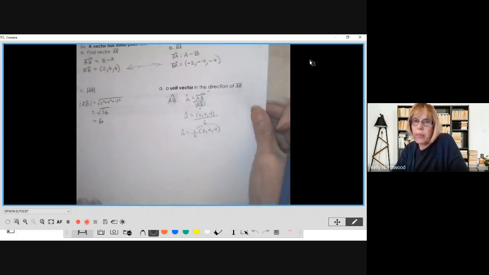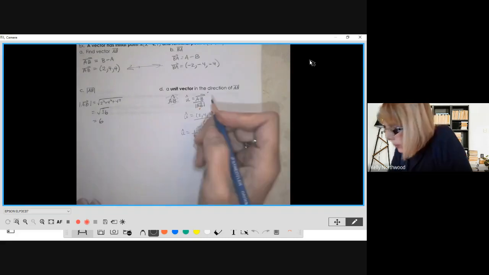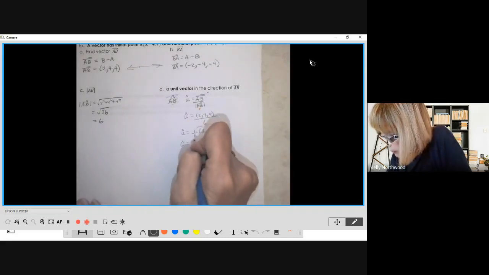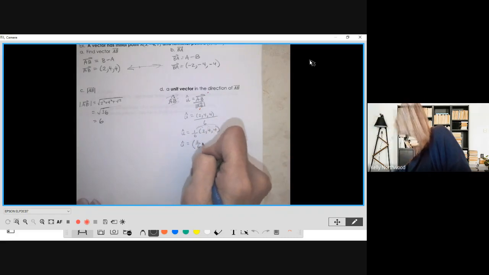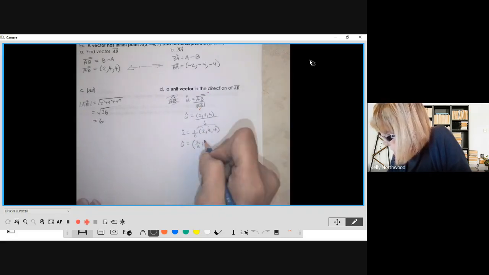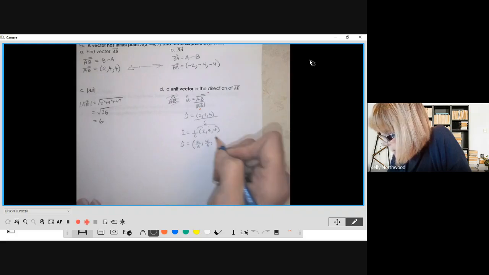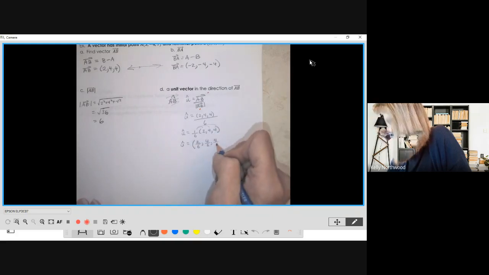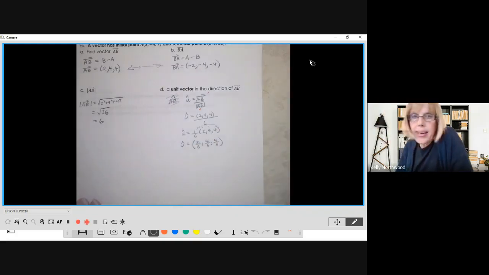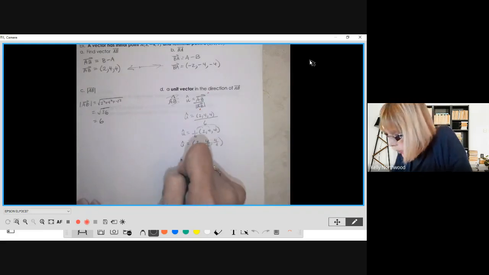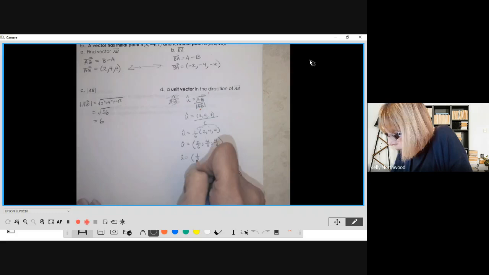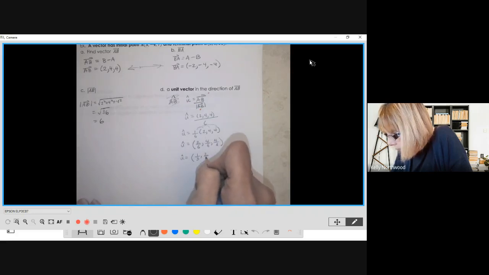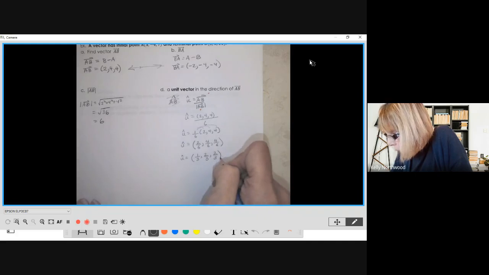That was a vector property we learned a week and a half ago. So 1/6 times 2 is 2/6. 1/6 times 4 is 4/6. And 1/6 times 4 is 4/6. And then in this case, we can reduce those components. 2/6 is the same as 1/3. 4/6 is the same as 2/3. And 4/6 is the same as 2/3.